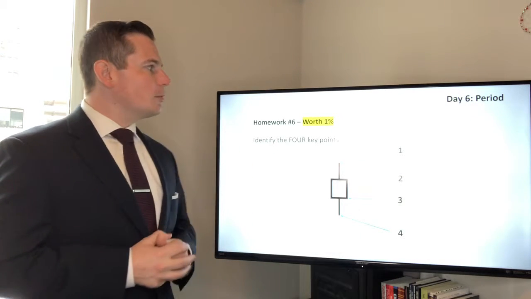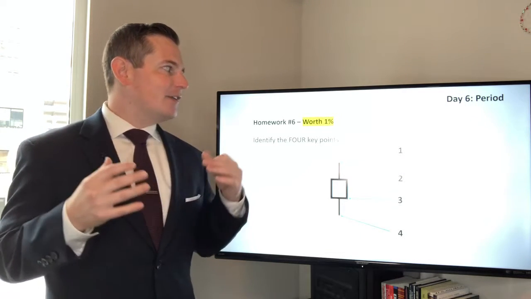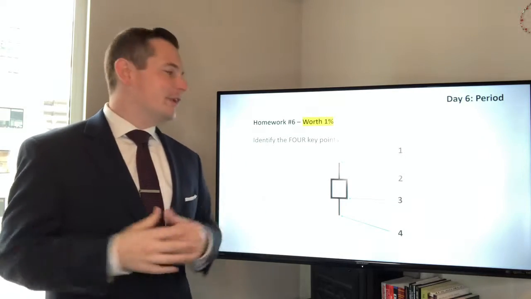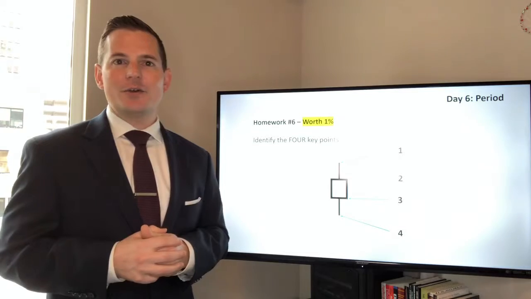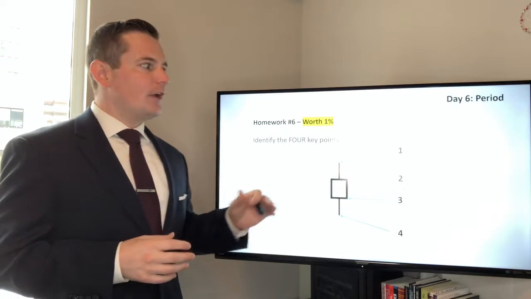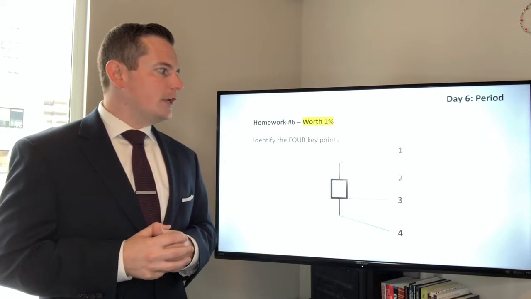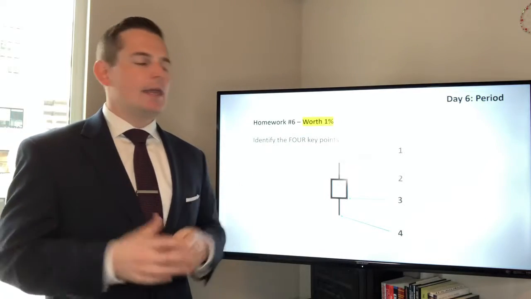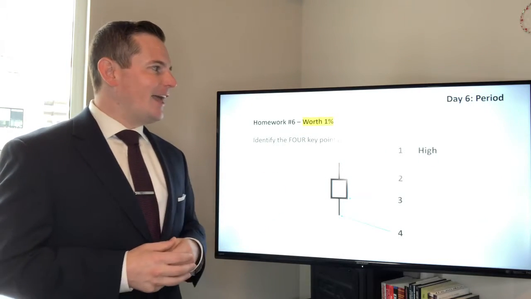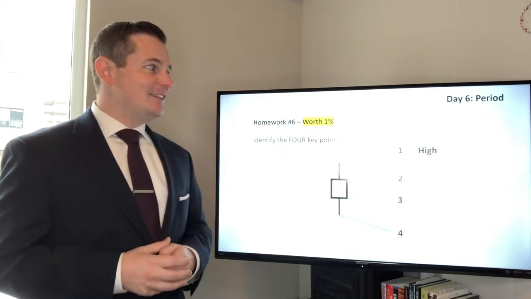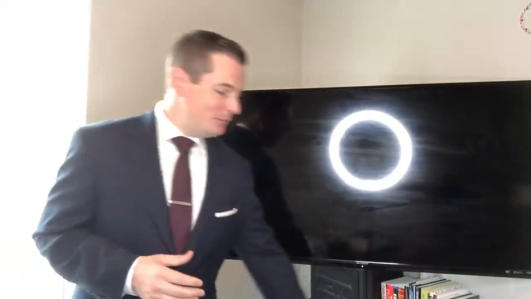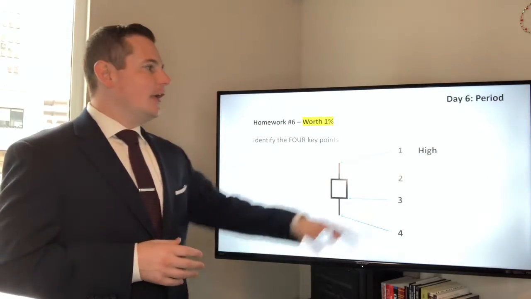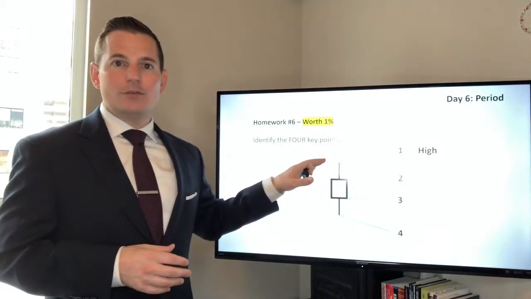So the first homework is to identify the 4 key points of a candlestick, okay? You're going to want to identify these 4 key points right here, 1, 2, 3, 4, and I just went ahead and identified the first one. I identified the first one here, and this is the high, right?